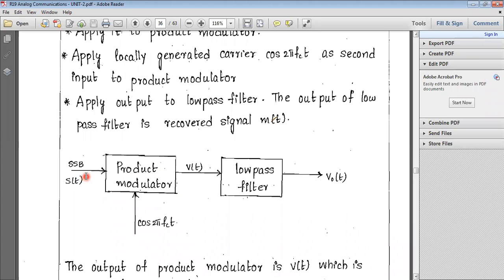In the SSB modulated wave, we have only one band, either the upper side band or the lower side band. From that one band, we extract the message signal, that is V naught of t. What is our V naught of t here? The original message signal.